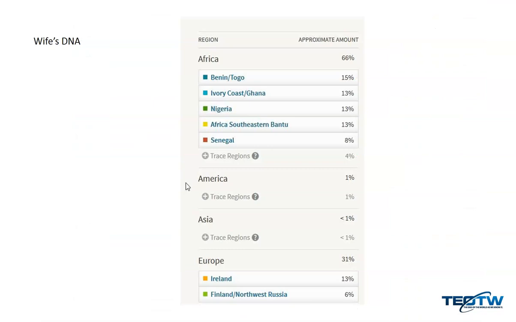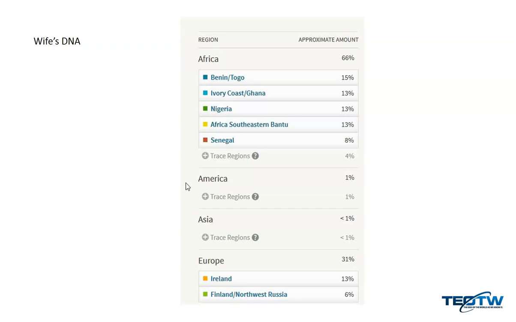So here's my wife's DNA match from ancestry.com. Okay. She has what everyone else has who's a descendant of the slaves from the Atlantic slave trade. We all have a combination of this, right? Pretty much Benin, Togo, Ivory, Ghana, Nigeria, Africa Southeast Bantu, Senegal, or Mali, right? Basically, that's usually the makeup somewhere along the line, right?